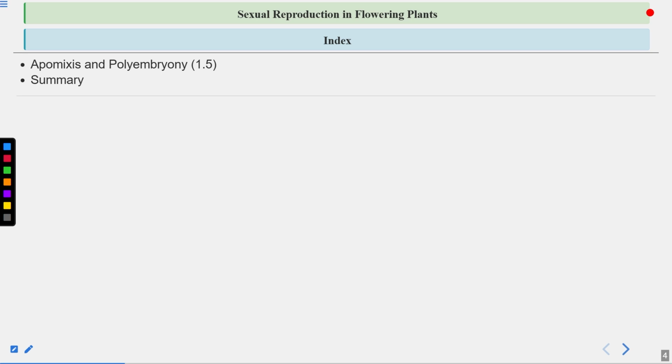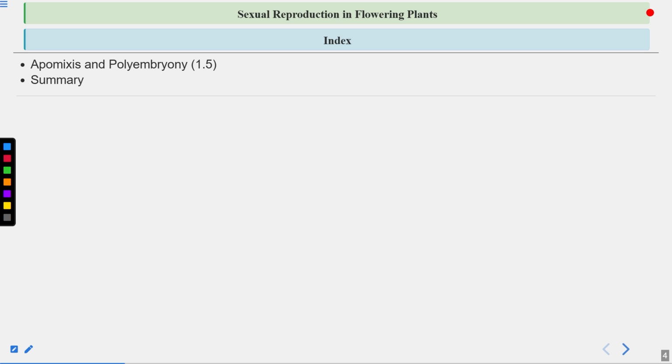And after that, we have discussed the formation of endosperm and embryo, because that is the result of the double fertilization. Syngamy leads to the zygote and zygote leads to the formation of the embryo. Triple fusion leads to the formation of PEN, and that leads to the formation of endosperm, right?